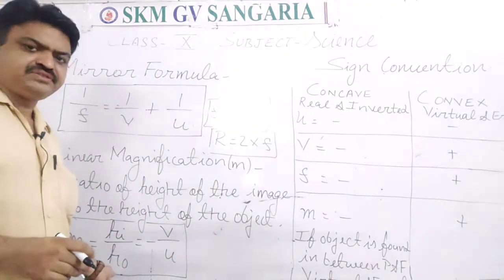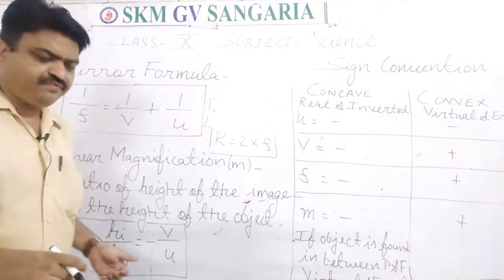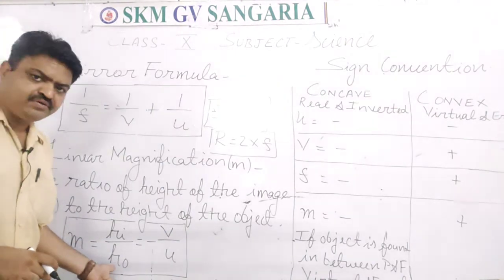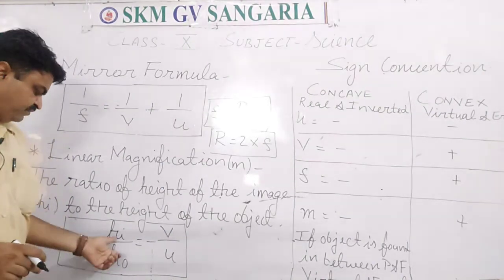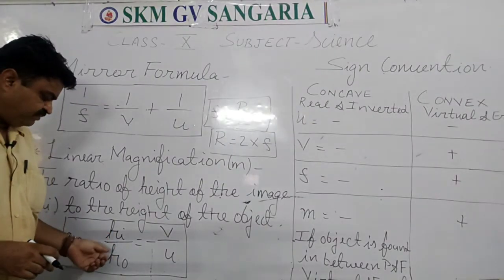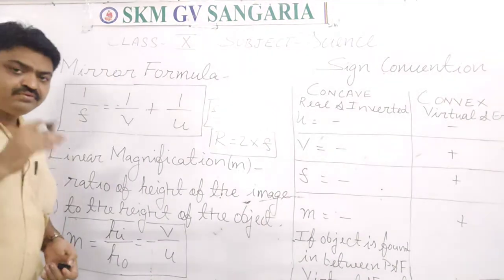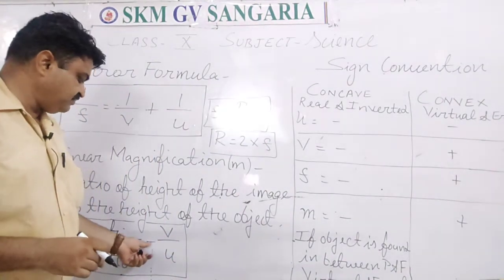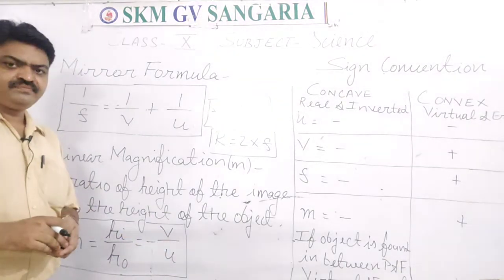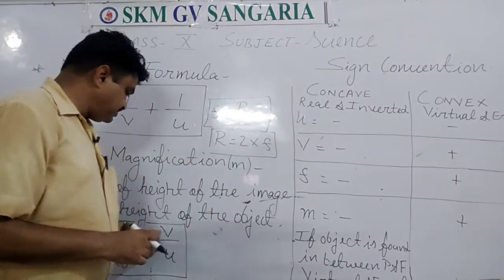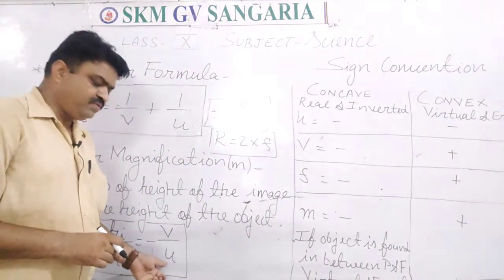hi upon ho: hi for height of the image, ho for height of the object, and you will write this formula for the magnification. In place of the heights of the image and object, you can also use another formula, and what is it, student? It is minus v upon u, where v is image distance and u is object distance.